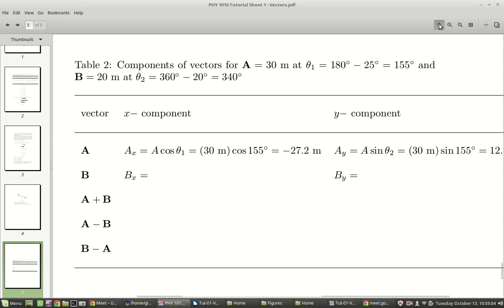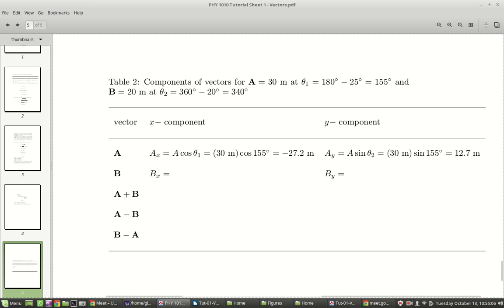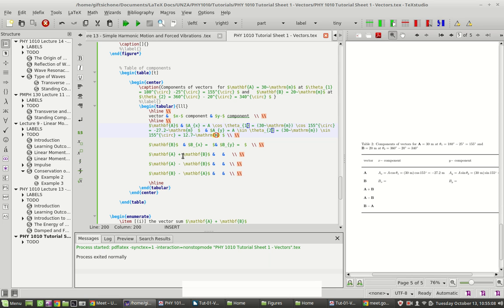Next, we move on to B. How do you get BX?